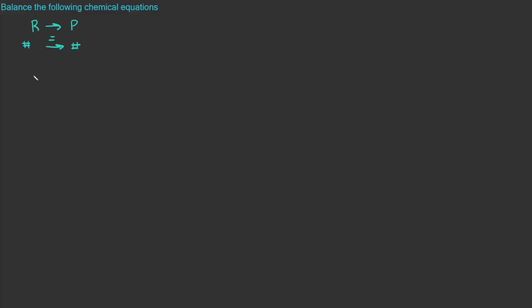And so let's go through an example of this where we have, let's say, NaCl plus MgO, and that turns into Na2O and MgCl2.